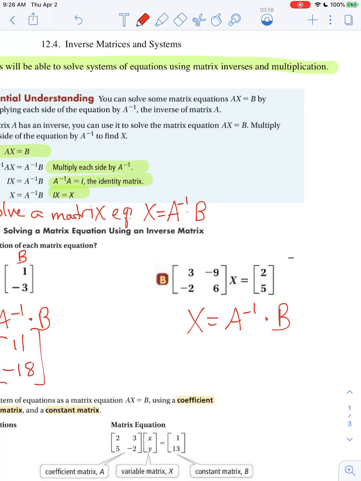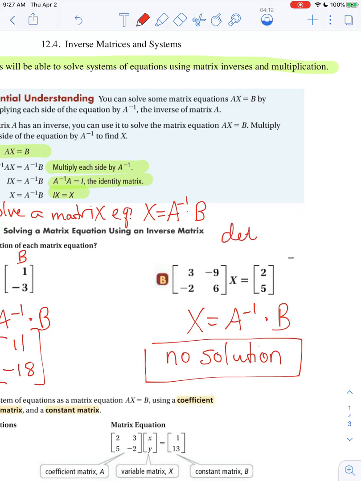And on this one, you're getting an error, right? And what that means, let me go over this because we did this last time. You're getting an error, and it means that there's no solution this way, because if I look at the determinant of A, that's 18 minus 18, which is 0. So we cannot solve it using a matrix equation.